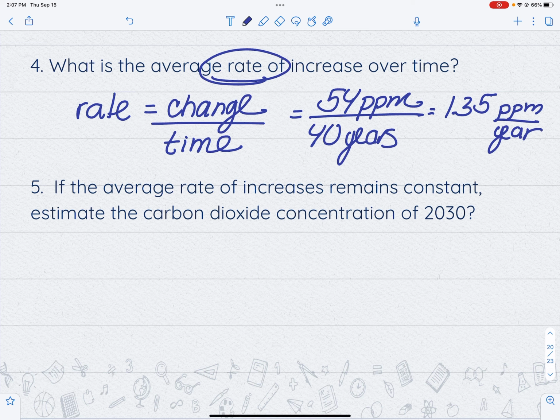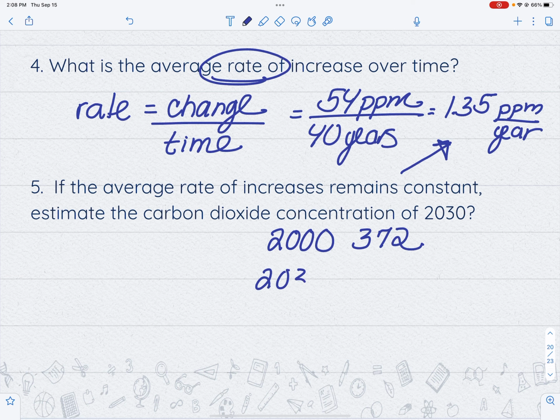And this is a trickier question. That's why I'm not having you pause it and try it on your own. We're going to do it together. If the average rate of increase remains constant, meaning it remains that number, what would the carbon dioxide concentration be in 2030? So in the year 2000, we said it was 372.